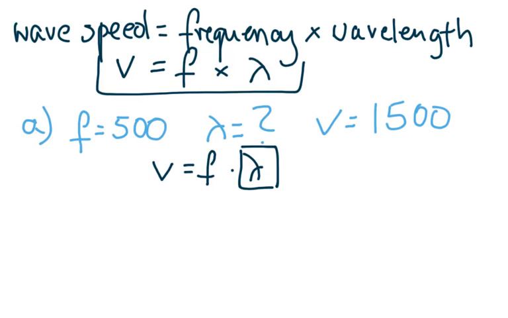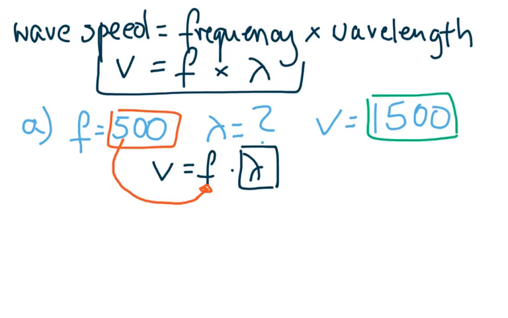So what we're going to do now is plug in numbers for the letters that we know. Our first number that we know is frequency, so we're going to plug the frequency in for F, and we are going to plug in 1500 for V, like this right here.